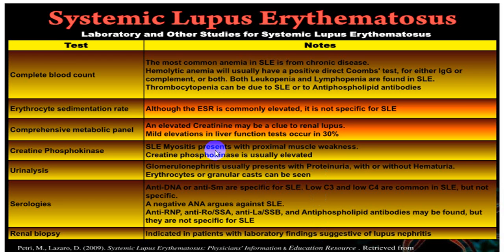These are all the different types of blood tests which will be available: urine analysis, creatinine, metabolic panel, ESR, complete blood count. What will be the finding? In serology, anti-DNA antibody will be positive, ANA will be positive, antiphospholipid will be positive, renal biopsy.